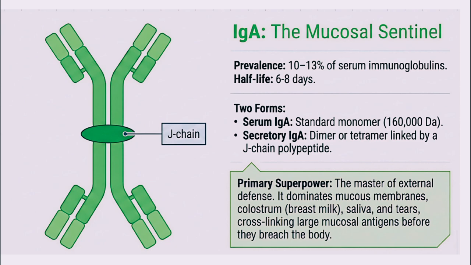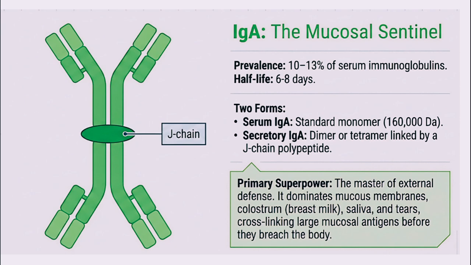It can exist as a monomer, but when it is secreted, as I have already told, it forms a dimer linked by a J chain polypeptide. In the structure also it's shown here. Its half-life is around 6 to 8 days, and its concentration is highly present in the mucous membranes, in the saliva, in the tears, and in the first mother's milk, which is also known as colostrum.